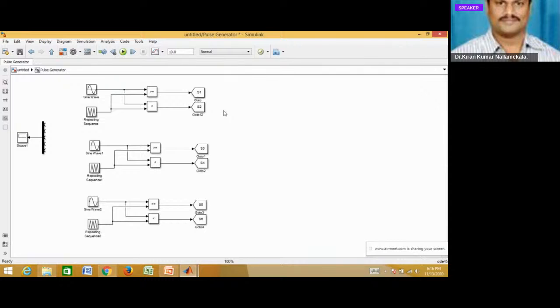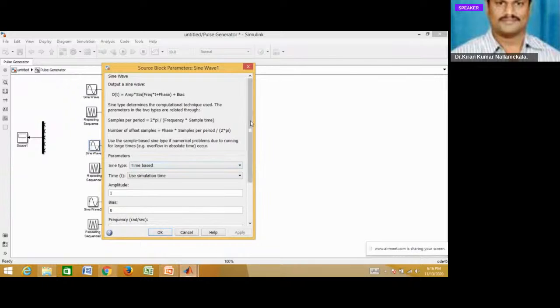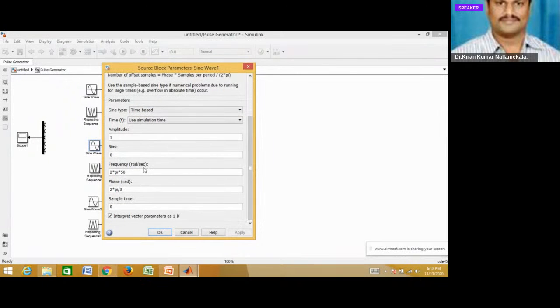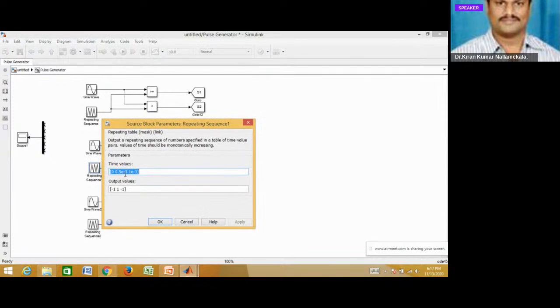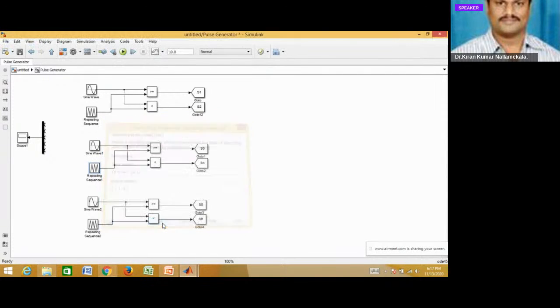Now similarly the same thing is copied and pasted again, and the only change in the parameters is that the amplitude is 1 only, frequency is 2 pi into f only, but the phase delay is 2 pi by 3, that is equal to 120 degrees. Remaining everything is the same.